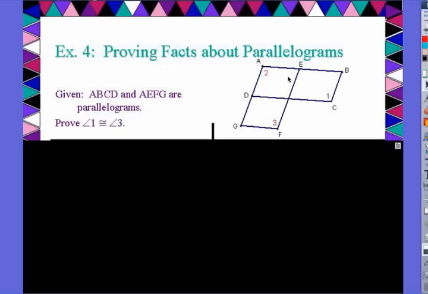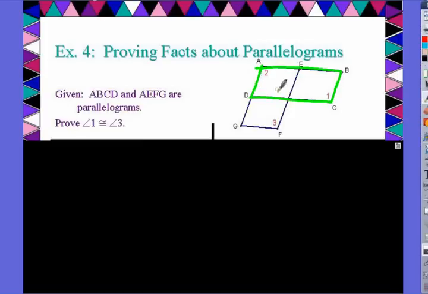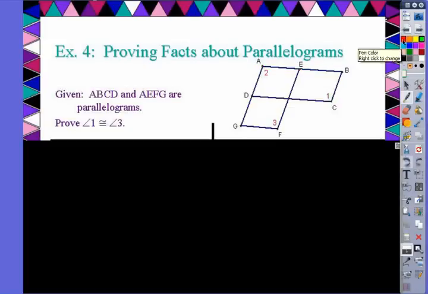Can I relate 2 and 1? Yes, sir. 1 and 2 are opposite angles, so they're congruent. Okay, we've got this parallelogram up here, right? And they're opposite angles in that parallelogram, so they must be congruent. Good. So we can add that in.